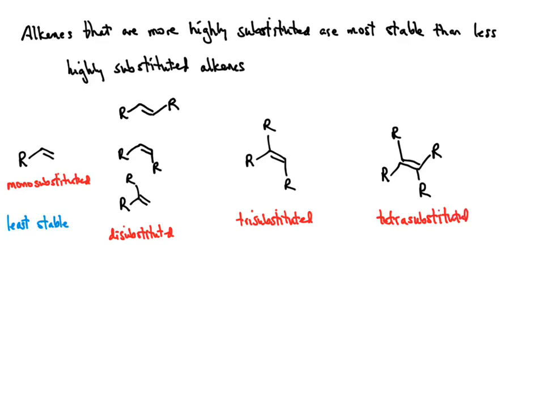And the tetrasubstituted are going to be the most stable of this series. And so alkenes that are more highly substituted, the tri and tetrasubstituted, are more stable than less highly substituted alkenes.